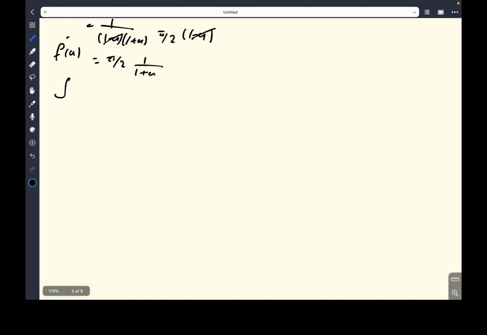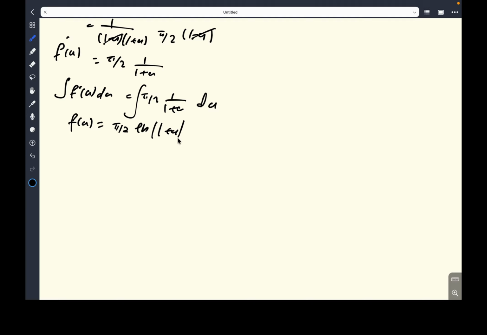Thus if I integrate both sides of this equation with respect to a, da, I'm gonna get f of a to be pi over 2 ln of 1 plus a plus c, some constant of integration.